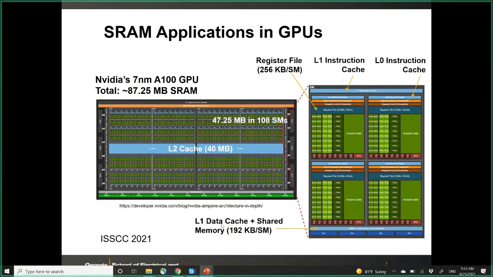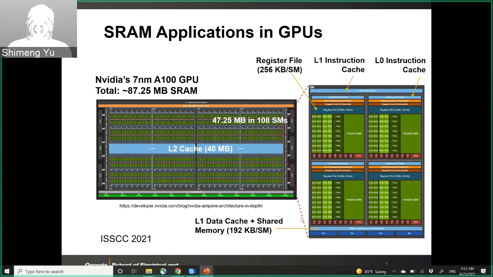So here the GPU has many cores. The number of cores is in the hundreds, even thousands, because those cores are very small, for the matrix operations. And here you see the L1 cache, and then the instruction cache, data cache, and also the L2, which in this case is shared, about 40 megabytes.